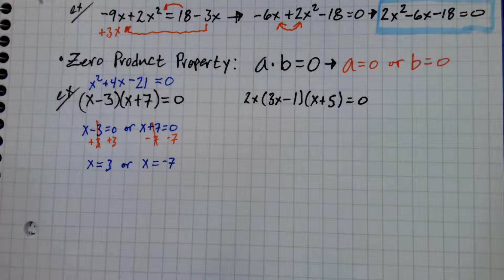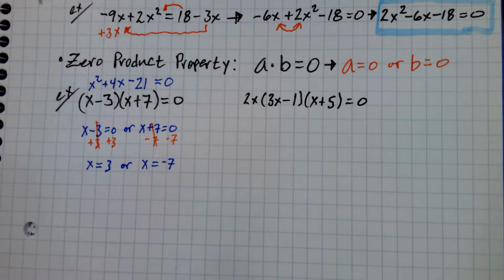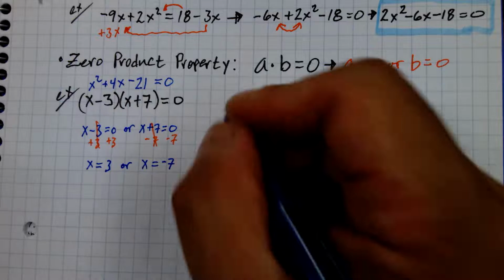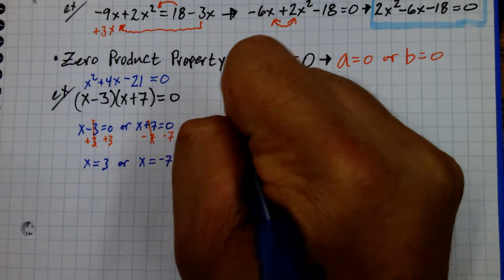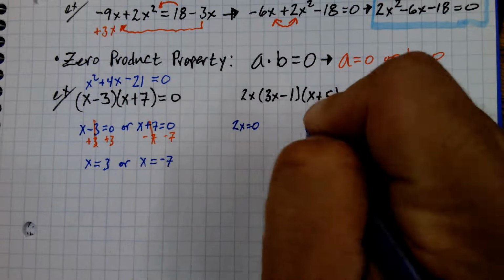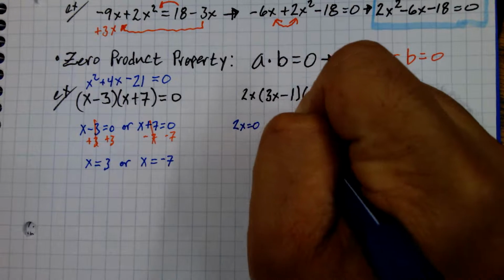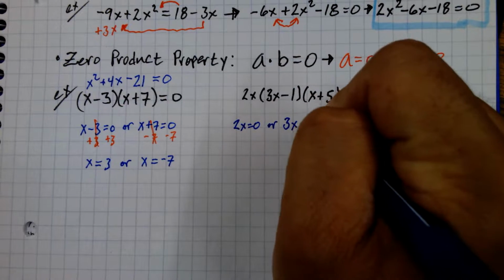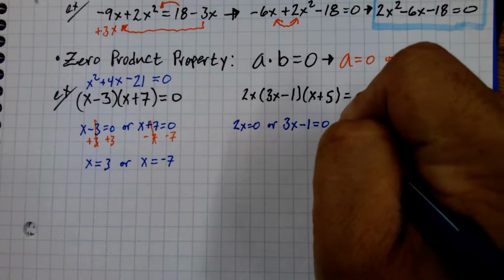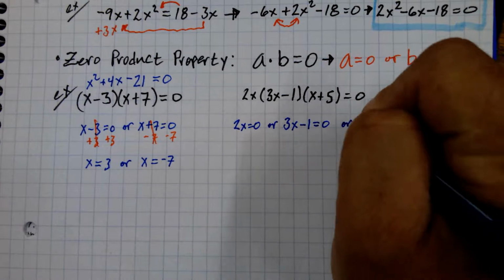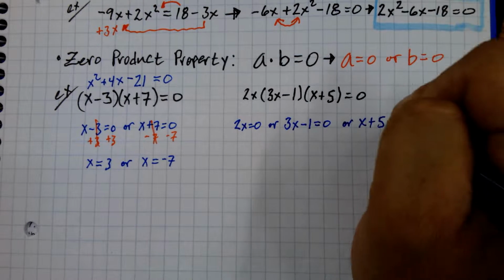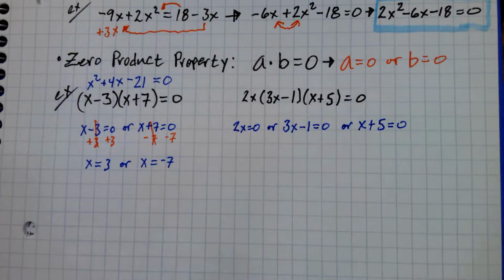Okay? So now I have three factors that equal 0. I have 2x that could equal 0. So I could say 2x equals 0. Or I could say 3x minus 1 equals 0. Or I could say x plus 5 equals 0.